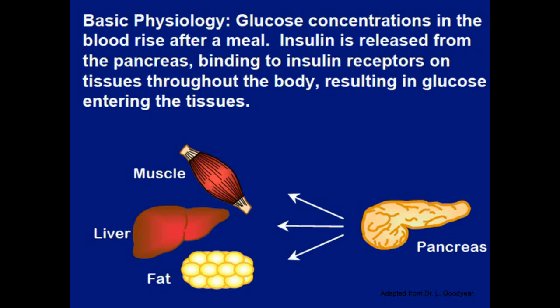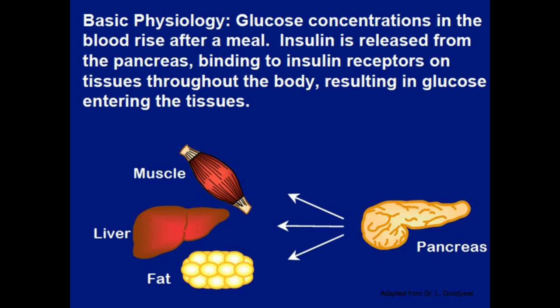And we need to understand a little bit of basic physiology here. And I think that many of you will know this, but just so that we're on the same page, when we consume a meal that has carbohydrate in it, our blood glucose levels go up. And what happens is our organ called our pancreas detects that increase in glucose, and it releases insulin. And insulin goes out into our blood.